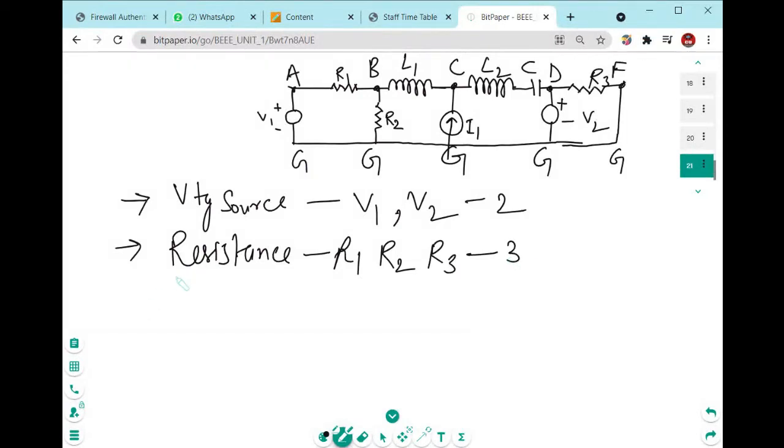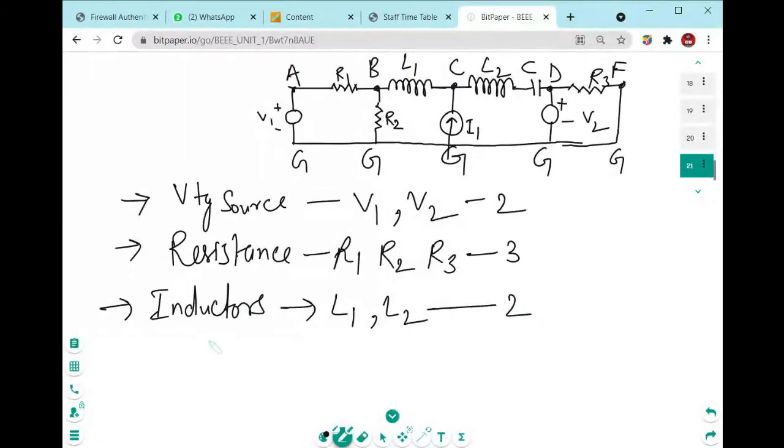Three resistances are there. Then you will tell me how many inductors there are. L1, L2, two inductors. Yes, you are right. Then you will tell me how many capacitors are there. Only one capacitor is there.